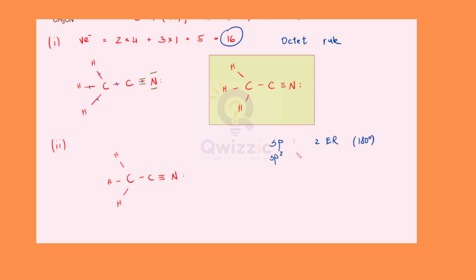Whenever it comes to sp2, 3 electron regions, a bond angle of 120 degrees. sp3, 4 electron regions, 109.5 degrees. The number of electron regions is just obtained from the sum of the superscripts. sp stands for s1p1. So for example, 1 plus 1 gives us 2 electron regions.